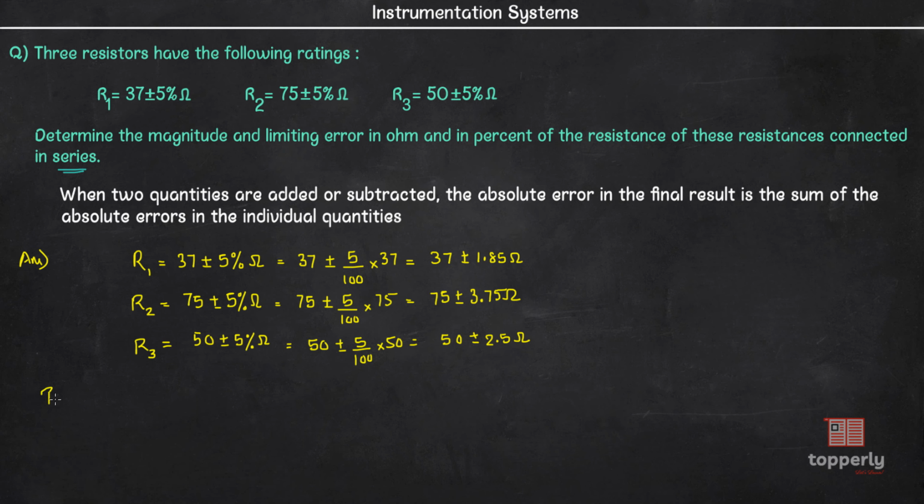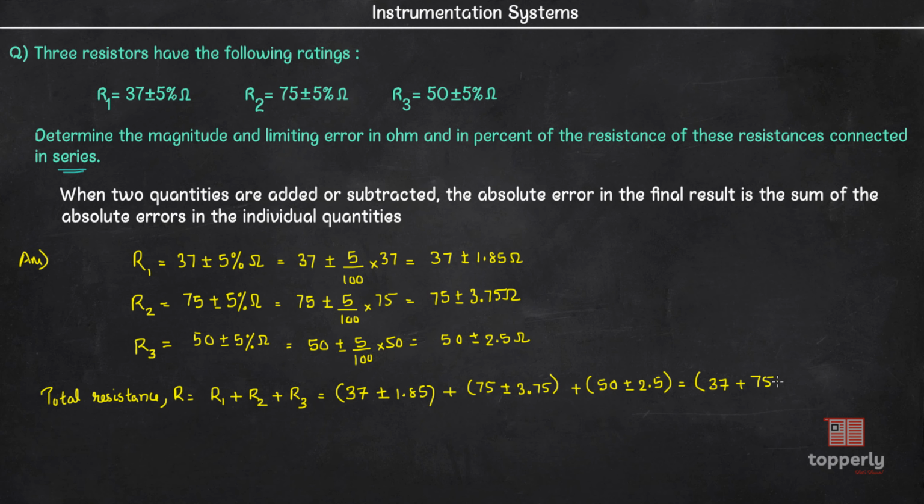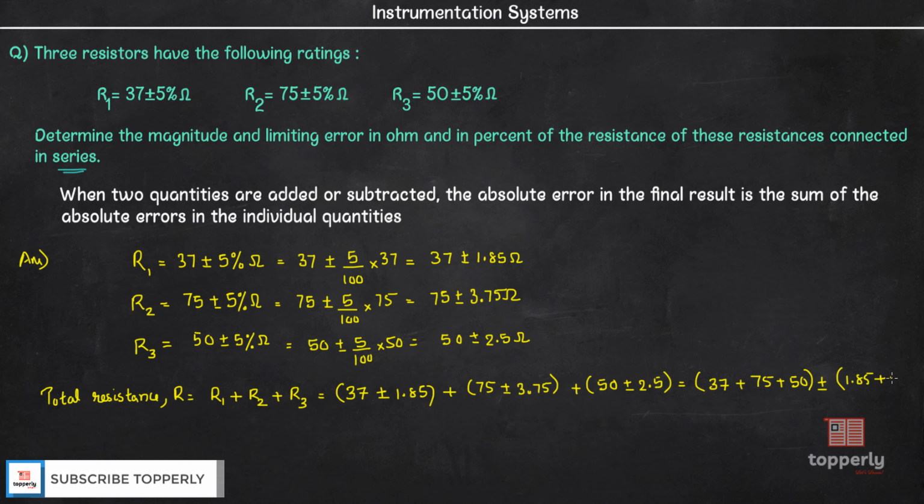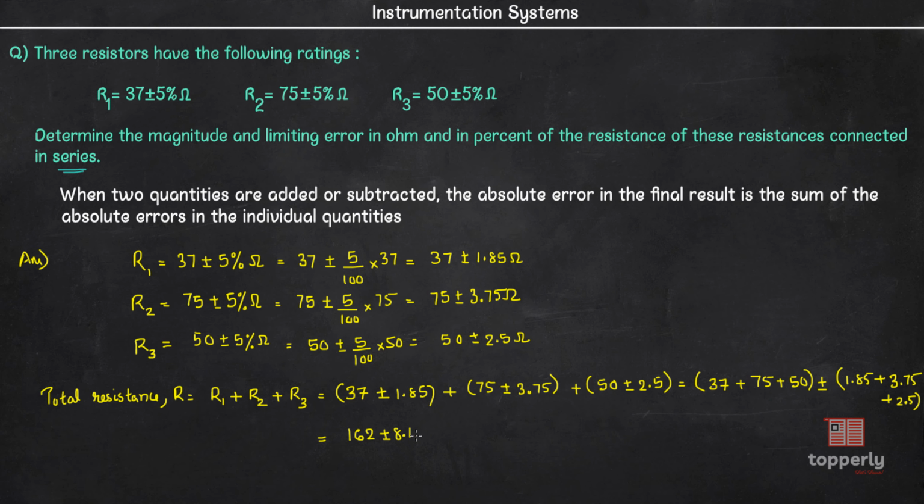So total resistance R is equal to R1 plus R2 plus R3, which is 37 plus or minus 1.85 plus 75 plus or minus 3.75 plus 50 plus or minus 2.5, which is 37 plus 75 plus 50 plus or minus 1.85 plus 3.75 plus 2.5, which is equal to 162 plus or minus 8.1 ohm.